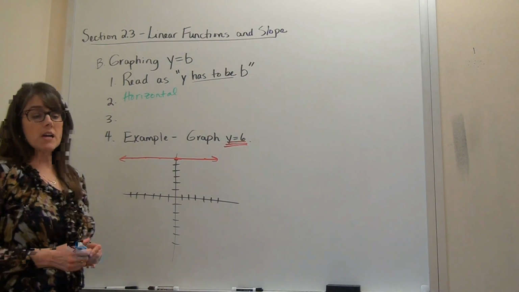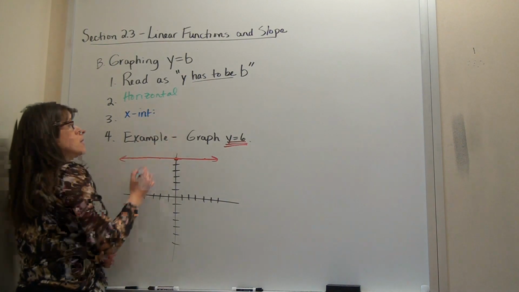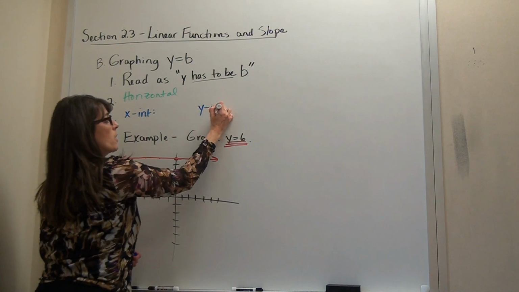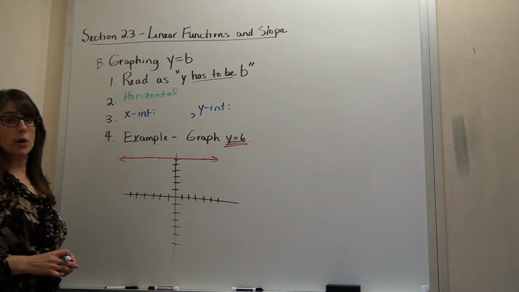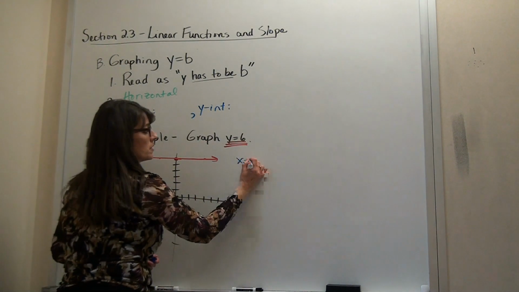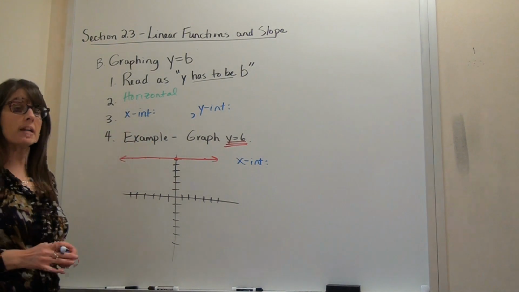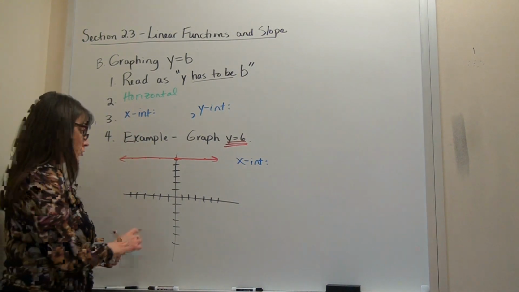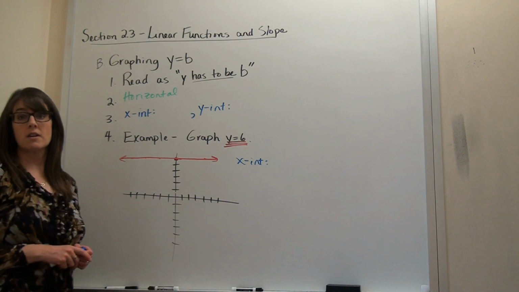Now let's talk about the x-intercepts and y-intercepts on this horizontal line. On this particular one, what is the x-intercept? Keeping in mind that the x-intercept is where it crosses the x-axis, where does this line cross the x-axis?